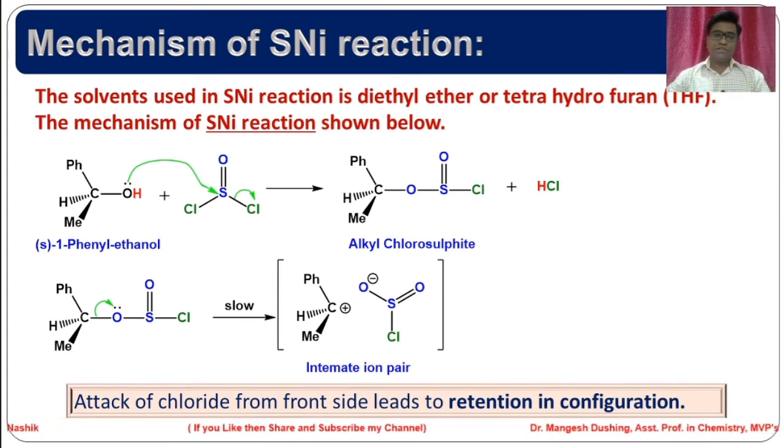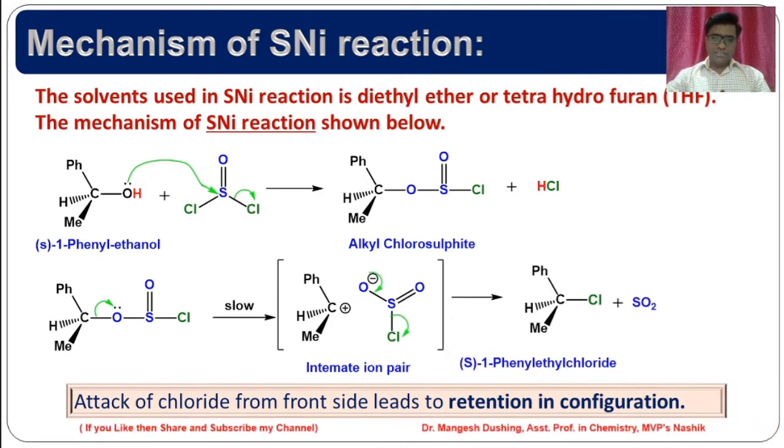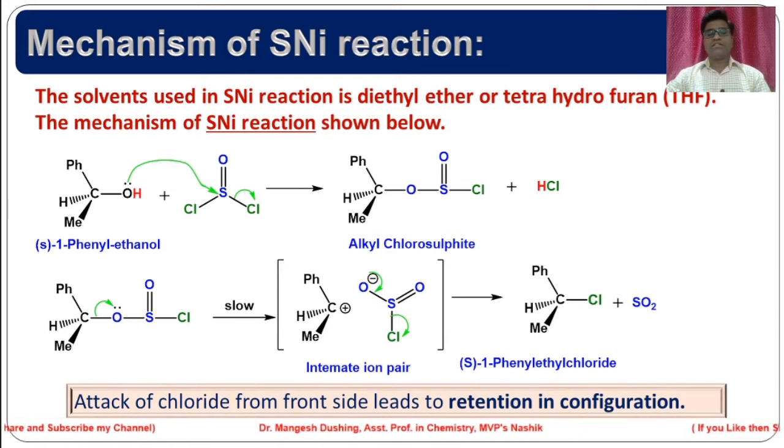After rearrangement of this transition state, because this is very unstable, these electrons come inside and this Cl minus attacks from the same side on the carbocation of this substrate, and we end with this product, that is S-1-phenylethyl chloride. So attack of the chloride from the front side leads to retention of configuration.